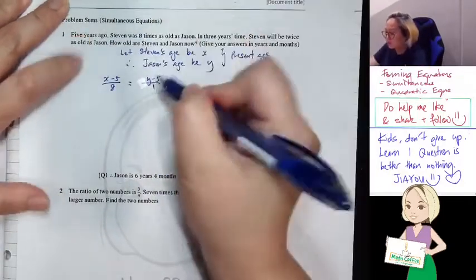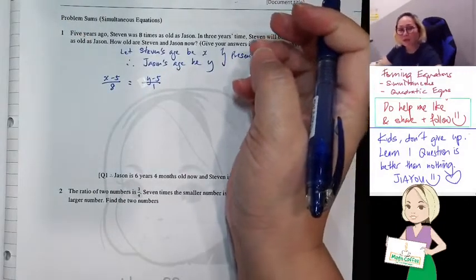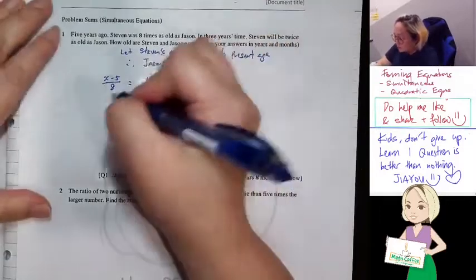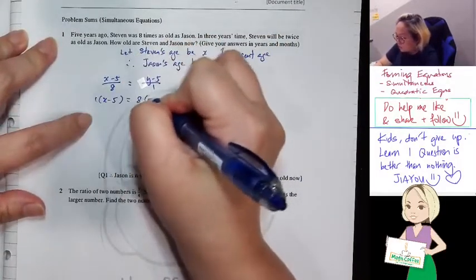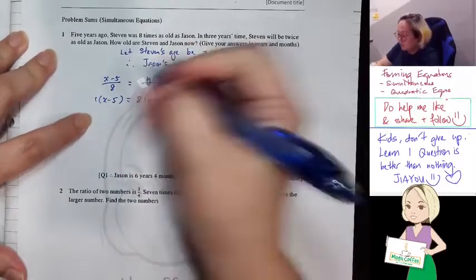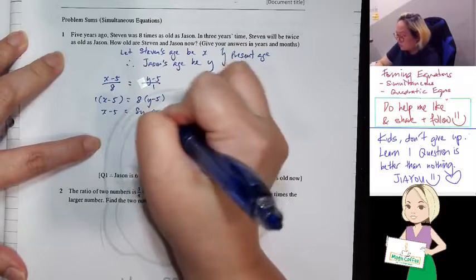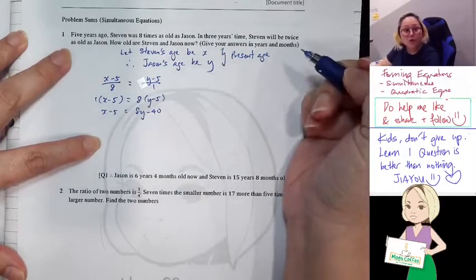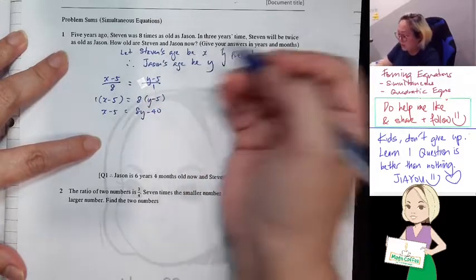Now I cross multiply, because both sides are already a single fraction. I have X minus 5 times 1 equals 8 times Y minus 5, so X minus 5 equals 8Y minus 40. I throw the X and Y to the left hand side and the numbers to the right hand side.